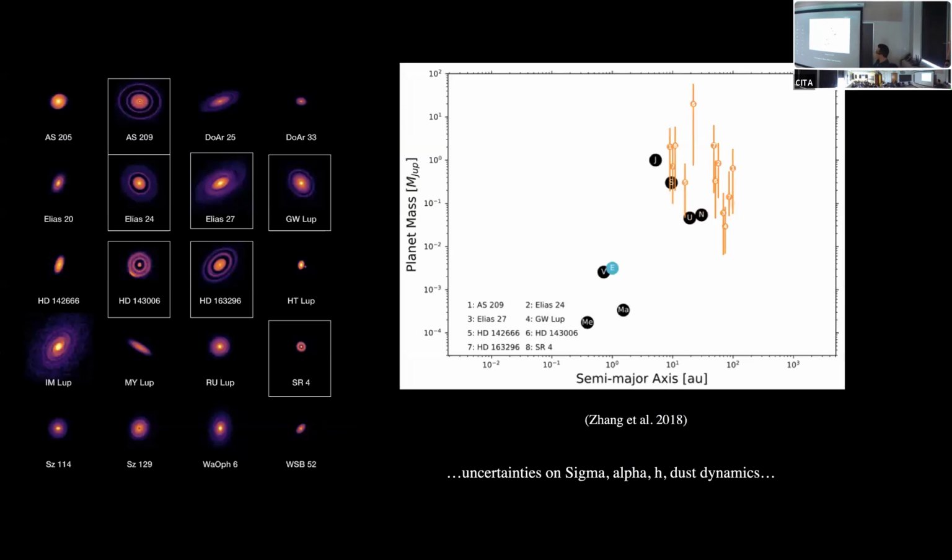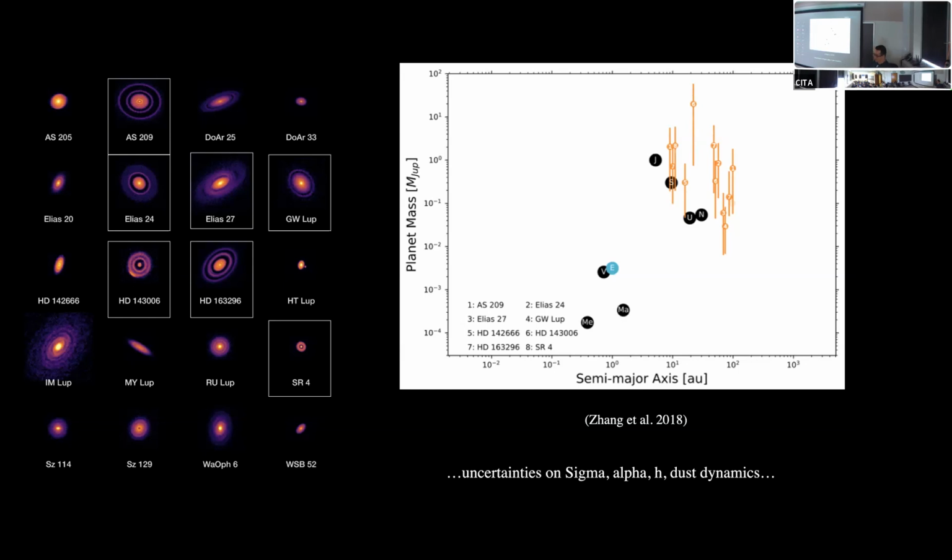Of course, there is a lot of work on that. Zhang et al. from the DSHARP collaboration went through the process of explaining some of the gaps and rings, for all of the ones that are enclosed here. They have different numbers, folding in uncertainties on sigma, alpha, h, and dust dynamics.